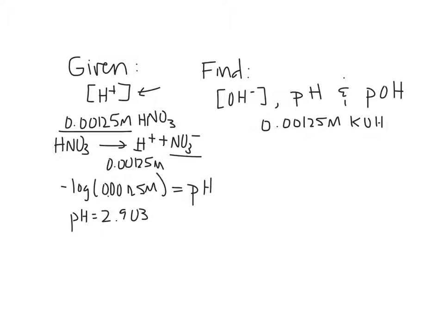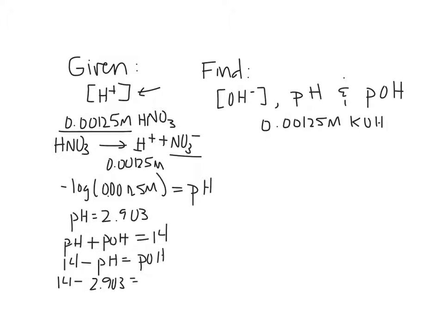Well, if the pH is 2.903, pOH is the easiest thing to find because pH and pOH always add up to 14. So 14 minus my pH should be my pOH. So here I'll take my 14 minus 2.903 and then I'll end up with 11.097, and that is my pOH.